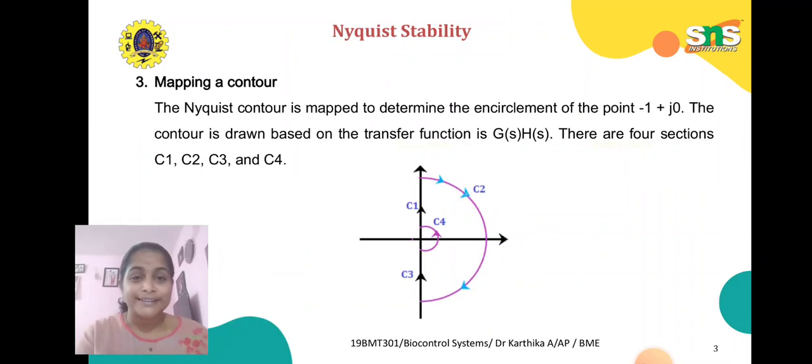See here, third one is mapping a contour. The Nyquist contour is mapped to determine the encirclement of the point -1 + j0. What is this j? In stability analysis or in general mathematics, R is your real part and j is your imaginary part. Here in -1 + j0, -1 is your real part and j0 is your imaginary part.